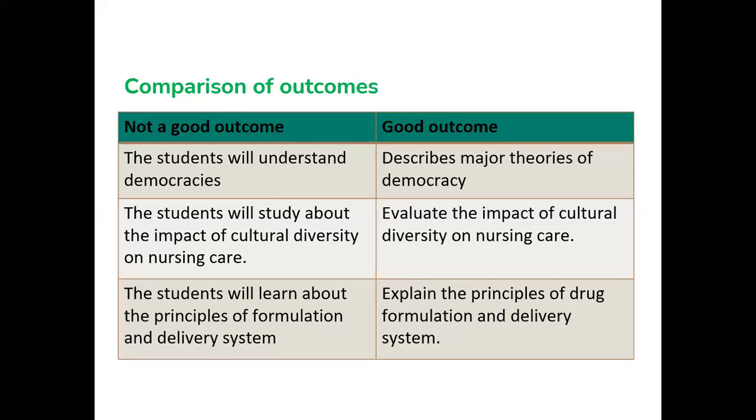Or in other words, we can say a course outcome is a glorified form of a question. For example, the first course outcome describes major theories of democracy, so you can ask a question like this: describe major theories of democracy. The CEO itself can be a question, in most cases.